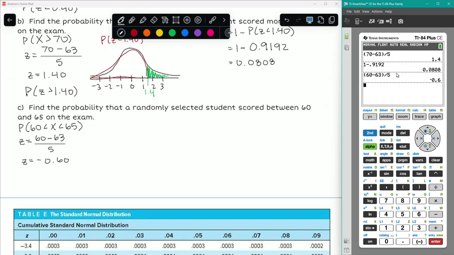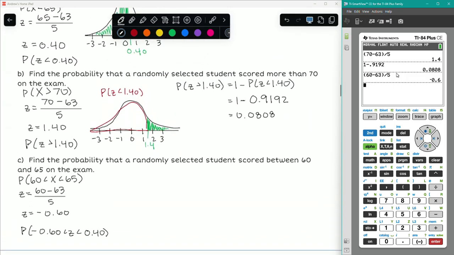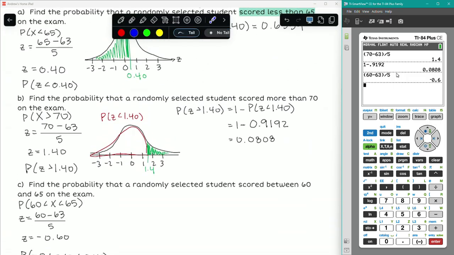So negative 0.60. In other words, we are looking for the probability that a randomly selected z-score is between negative 0.60 and positive 0.40. 0.40 was the z-score for 65, which is our upper bound here.